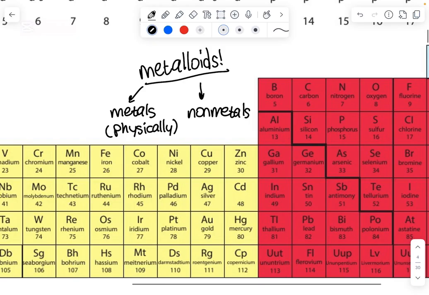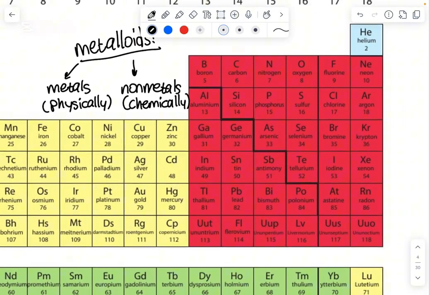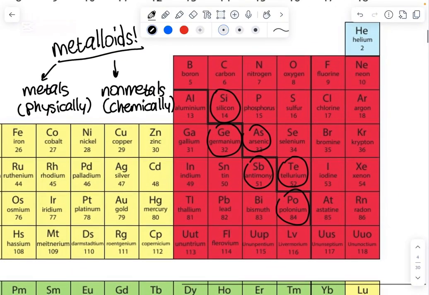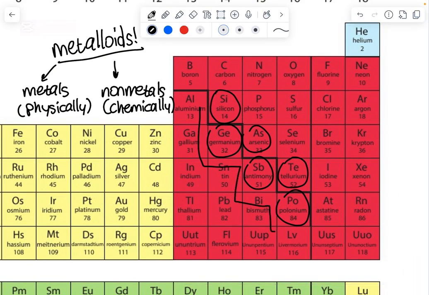But chemically, they act more like nonmetals. The metalloids go in a ladder-like direction, starting with silicon, germanium, arsenic, antimony, tellurium, and polonium. These guys are the metalloids of the periodic table.